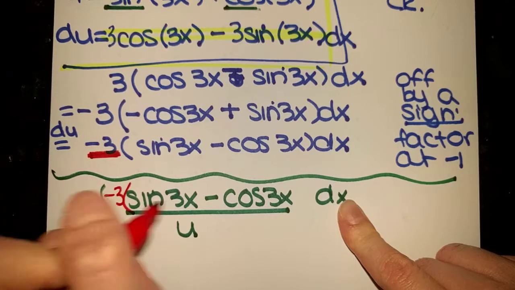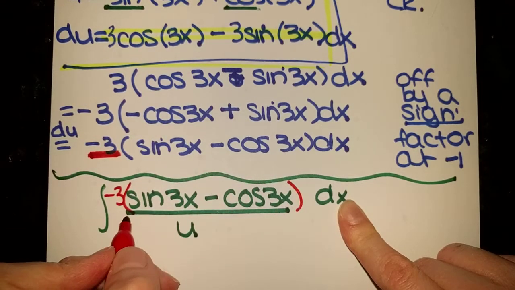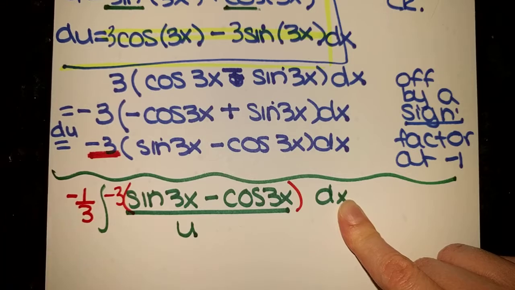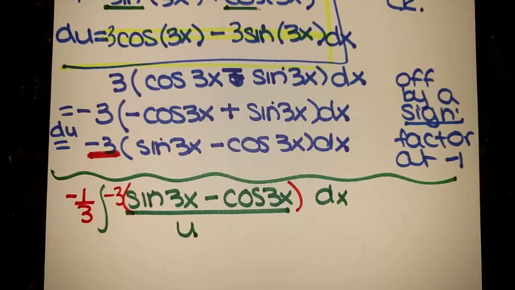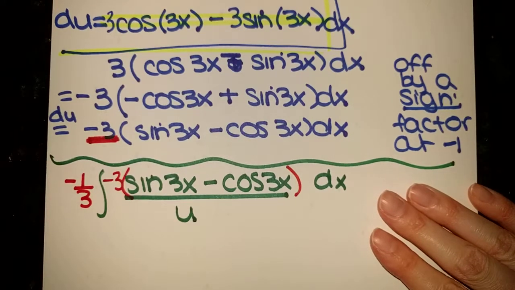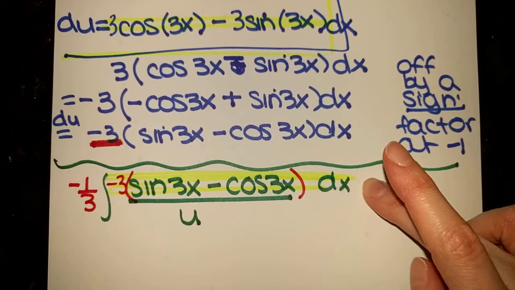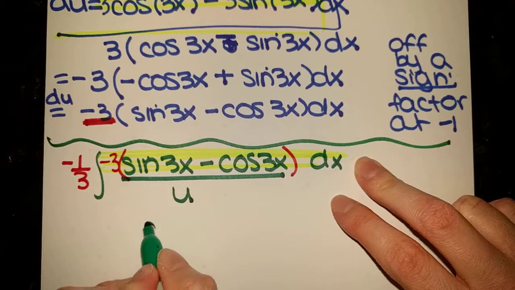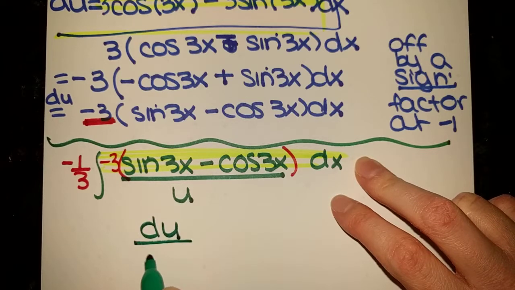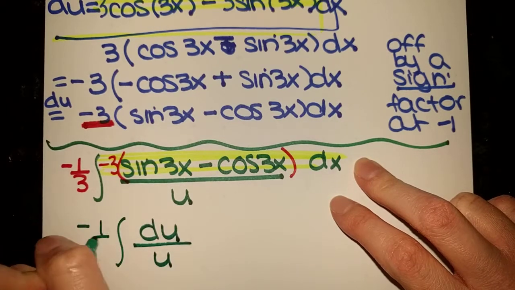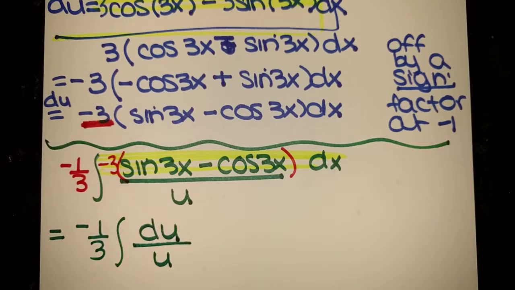So you would have to multiply all of this in by -3, and then divide by -3 to balance it out. So once you do that, then you can say officially and finally that all of that numerator is going to be, by definition, du over u, and then the -1/3 will take a 1.